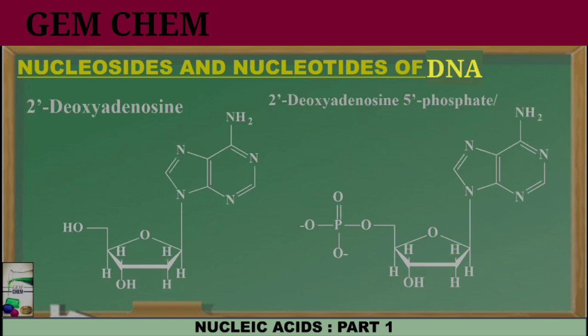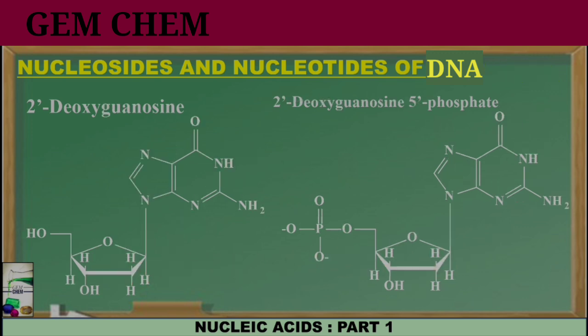Now when we talk about the next case, that is DNA. The base is attached in the same way, just the replacement is that the 2-carbon has hydrogen in it and the OH group has gone. Same case, this is for DNA. So here you will have the same structure, only while writing you have to be careful that H is taking the place of OH in the 2-position. So this is also for DNA.